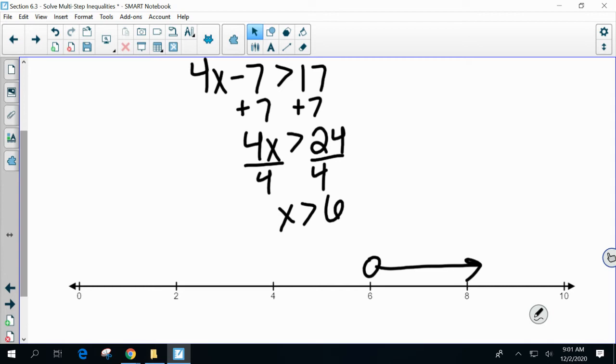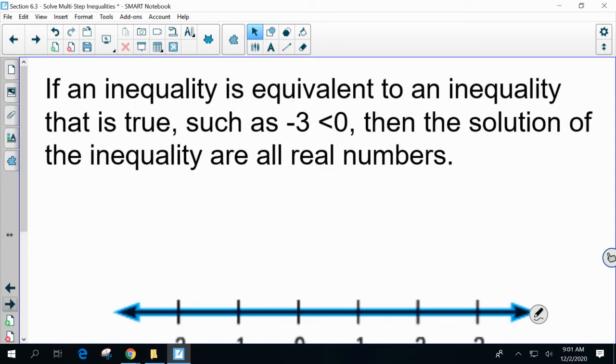Okay, so if an inequality is equivalent to an inequality that is true, for example, if you don't have any more variables left, and let's say this is your answer, negative 3 is less than 0, that's true, correct? If it is true, then the solution of the inequality is all real numbers.